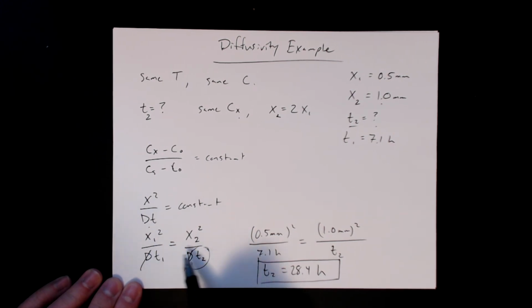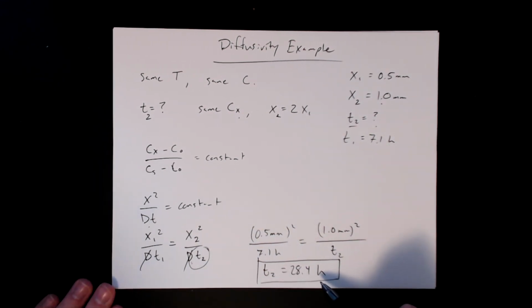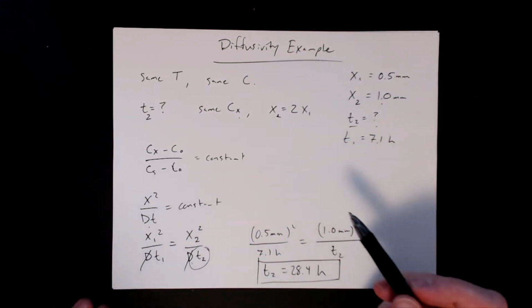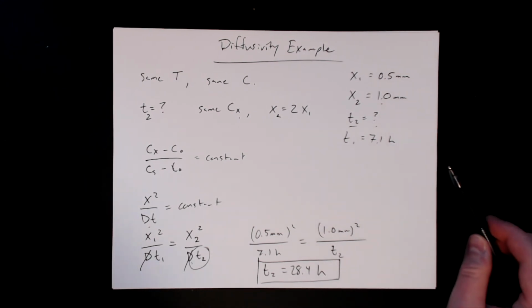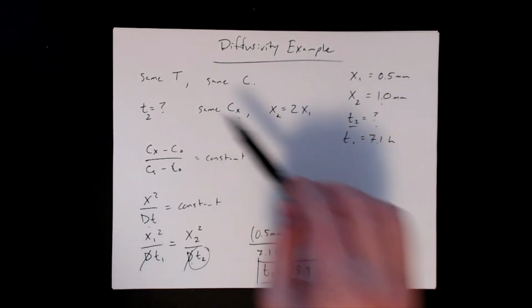And so we can set up this basically equivalency here for the combination of position 1, time 1, and position 2, time 2, and we can solve for the time. So that just allows us to simplify this problem if we know the concentrations are all the same.